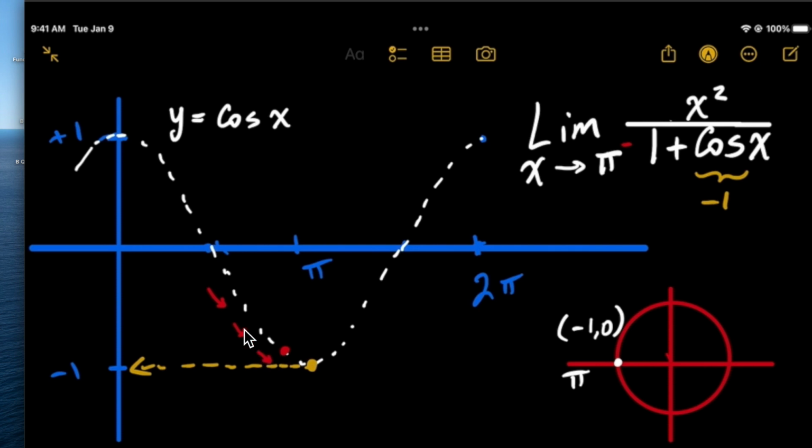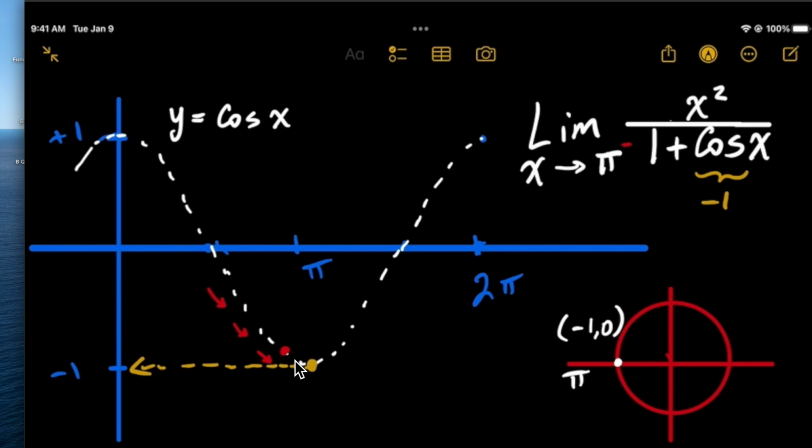So look what happens, folks. As this x input goes towards pi, look what's happening to the y value. The y value is approaching -1. Over here, it's about -0.5. Here, it's about -0.9. Here, it's about -0.99999 right there.